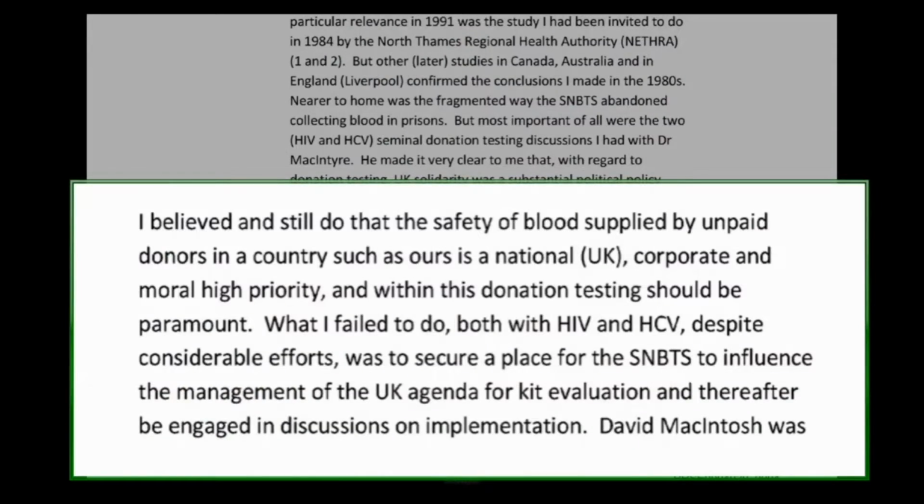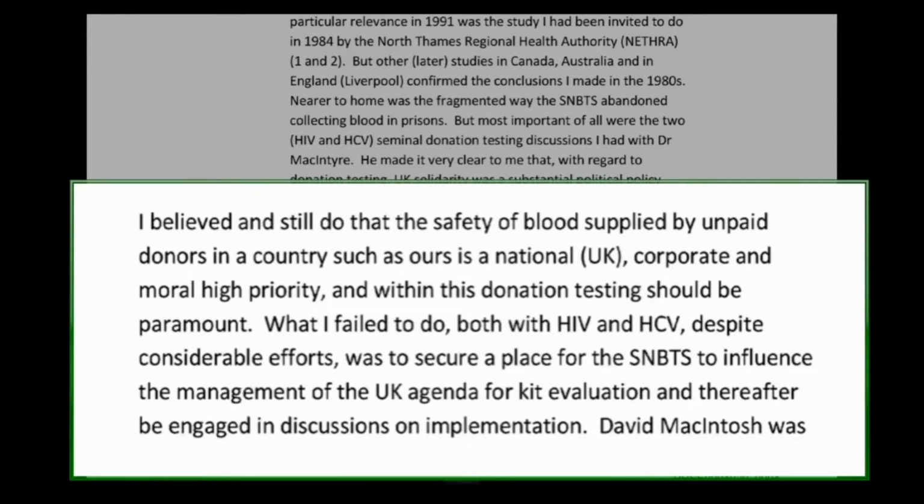If we just go over to the next page, in the bottom of the page, last paragraph is effectively an expression of regret at not having a more influential role for SNBTS. So he says this, I believed and still do that the safety of blood supplied by unpaid donors in a country such as ours is a national UK corporate and moral high priority, and within this, donation testing should be paramount.